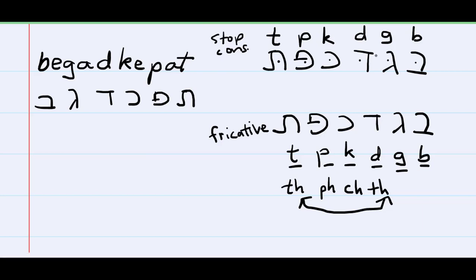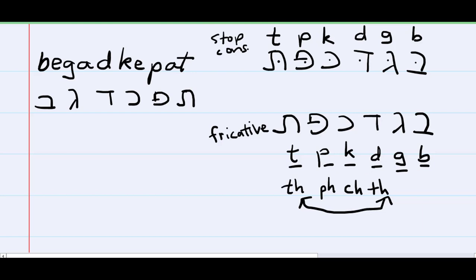If you put your hand on your throat and say d, d, d, you can feel your voice box vibrating. If you go over to the t and just go t, t, t, you'll notice that your vocal cords do not vibrate. The t is unvoiced or voiceless. The d is voiced. Same thing with the ths here.